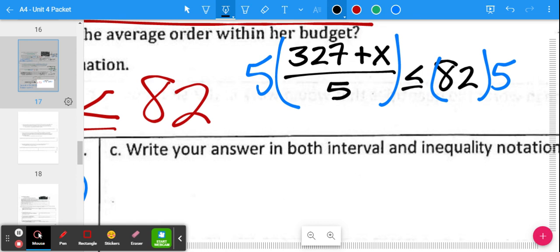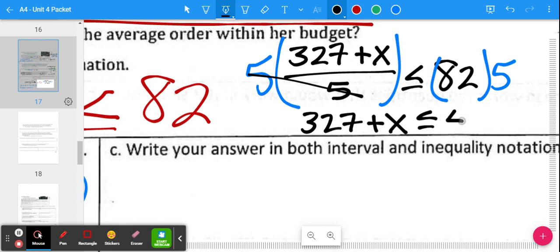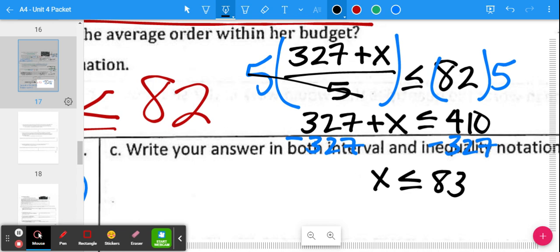And we're left with 327 plus x is less than or equal to 410. So when we subtract that 327 from both sides, we're left with x is less than or equal to 83.